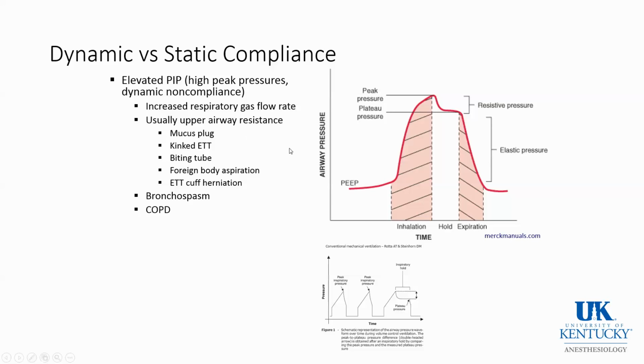If the patient's peak airway pressures are elevated, but their plateau pressures are not elevated, so there's a difference between your peak and plateau pressure, that tells you that the problem causing the elevated pressure is during flow. It's a problem with dynamic compliance. So it's a gas flow rate through the airways, and it's usually an airway resistance problem: a mucus plug, a kinked ET tube, patients biting the tube, a foreign body aspiration, herniation of the ET tube cuff, bronchospasm, or COPD.